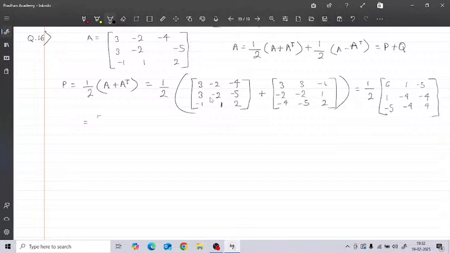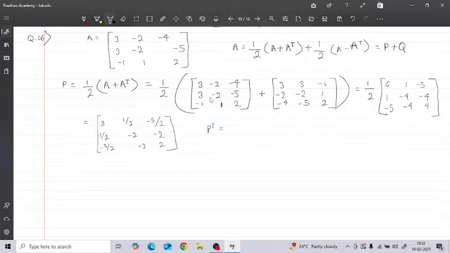So what is our P? Our P will be [3/2, -5/2, 1/2; -2, -2, -5/2; -2, and 2]. This is my P. Now let's take the P transpose.